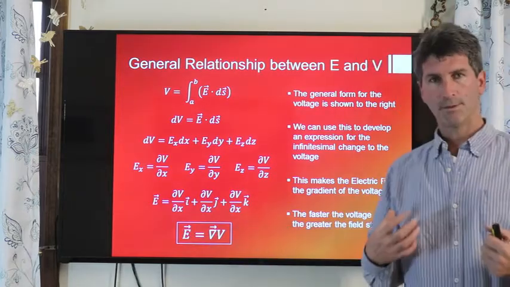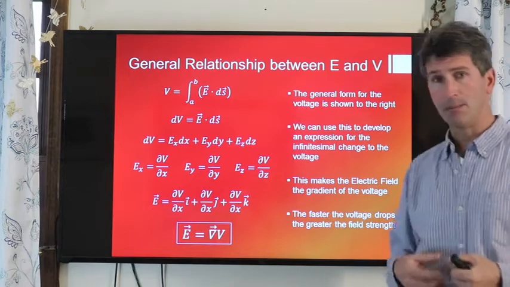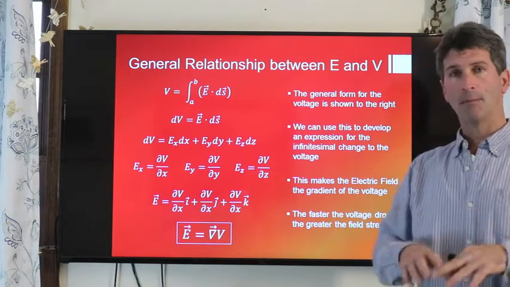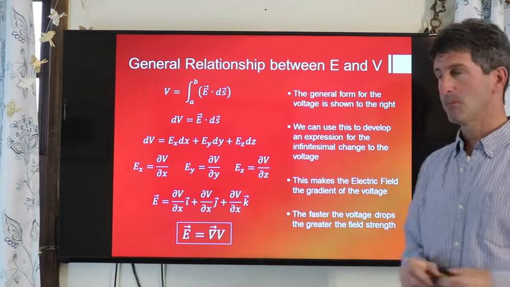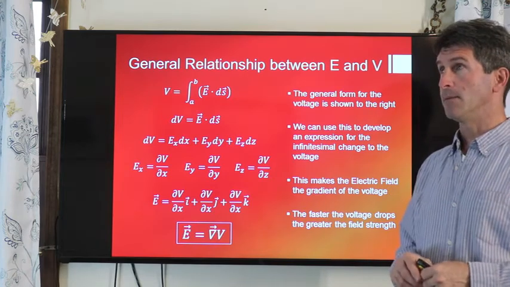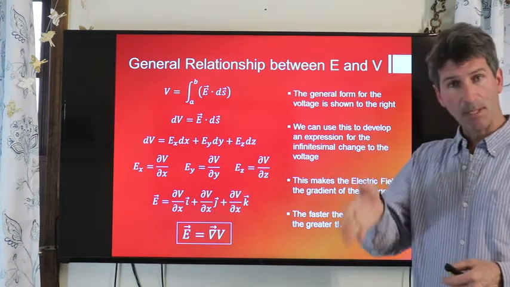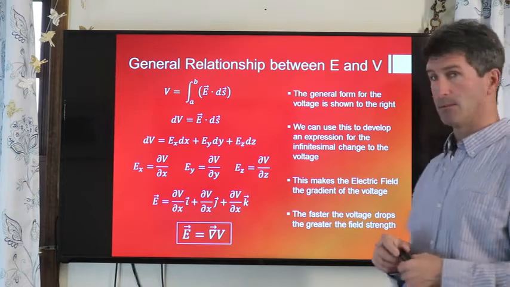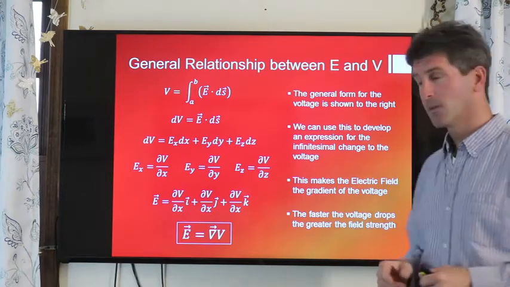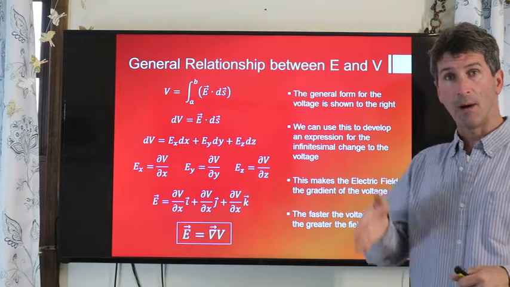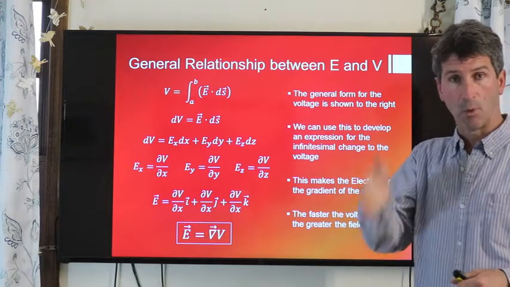All right, what does this mean? Well, it basically means that if you imagine a topographic map, the steepness of a hill on that topographical map is represented by some vector pointing downhill.